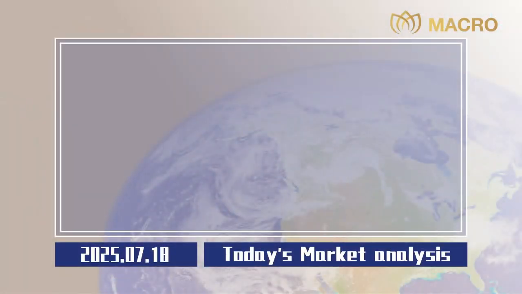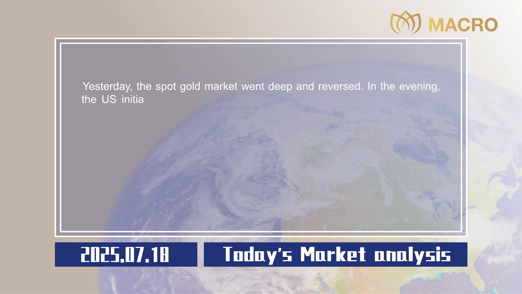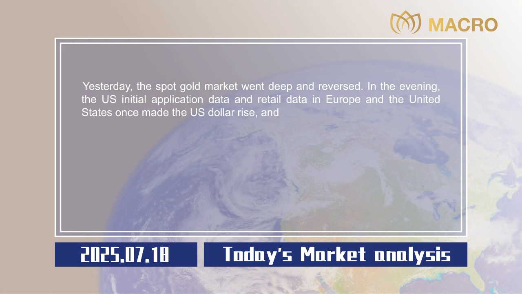Market analysis. Yesterday, the spot gold market went deep and reversed. In the evening, the U.S. initial application data and retail data in Europe and the United States once made the U.S. dollar rise, and the price of gold fell sharply to as low as $3,309.81 per ounce.